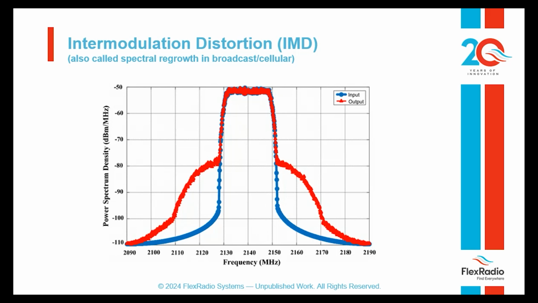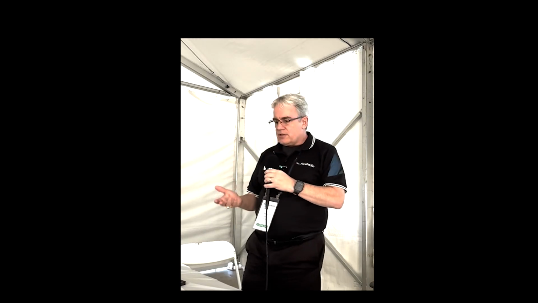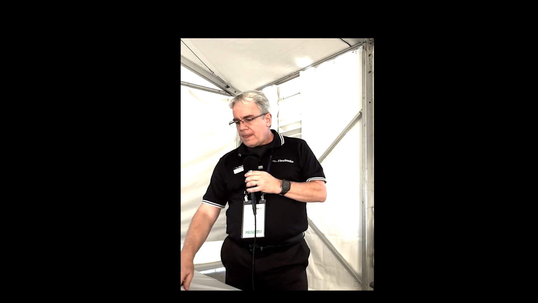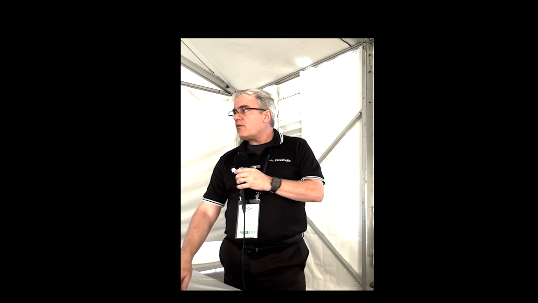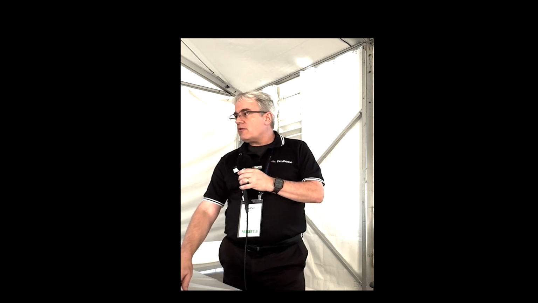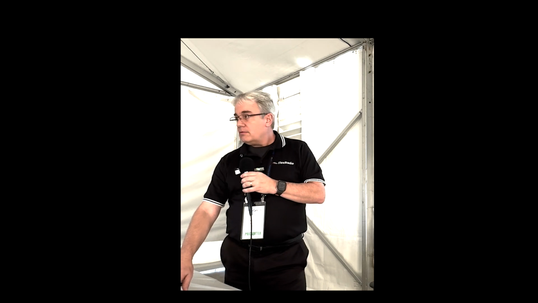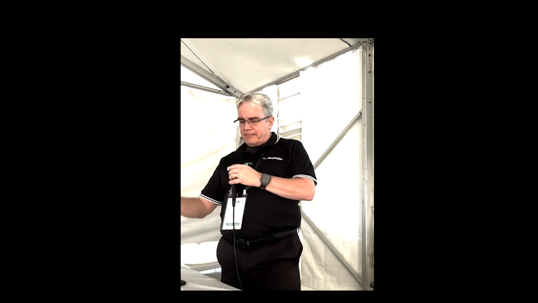But what you end up with is this extra stuff on the side, which is the red that's above the blue. So it's this stuff here. All that extra signal. In the cellular world, they call this spectral regrowth, but it's also just intermodulation distortion. Spectral regrowth, yeah. Is that right, Mike? Yeah, okay.